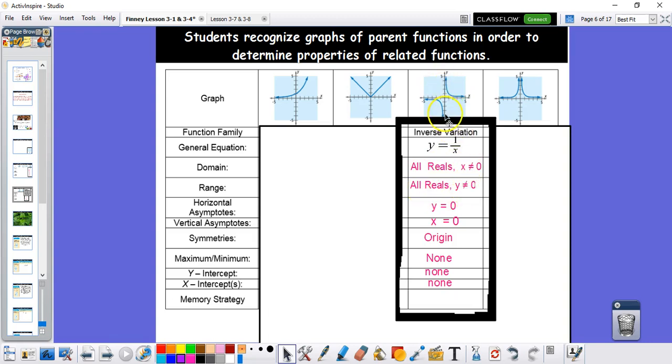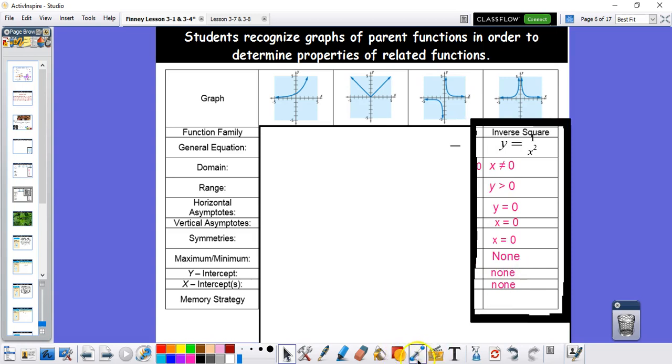So we have two asymptotes here, a vertical asymptote at x equals 0, a horizontal asymptote at y equals 0. It's symmetric to the origin, because if you were physically able to spin this around, you could spin it 180 degrees and be back on itself. There's no max, there's no min, there's no x-intercepts, no y-intercepts, because those are our asymptotes.